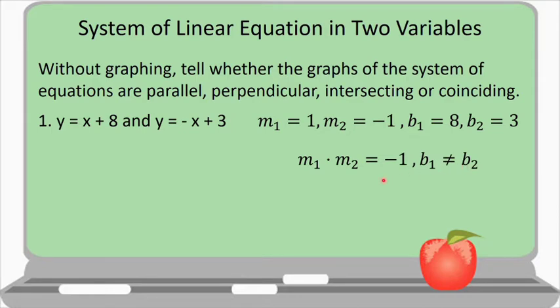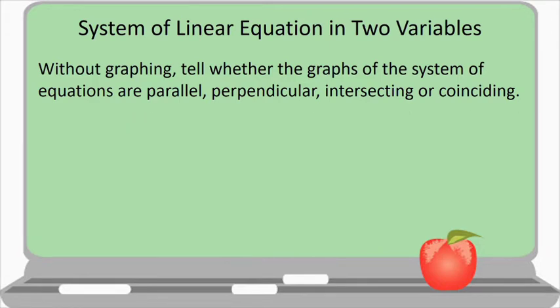So the graph of the system is perpendicular because the product of the two slopes is equal to negative 1 and b sub 1 is not equal to b sub 2.